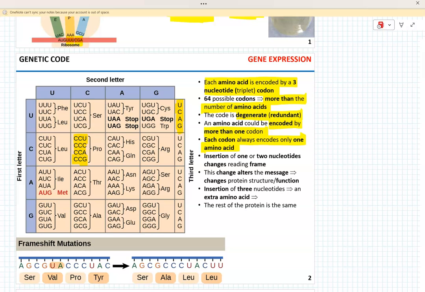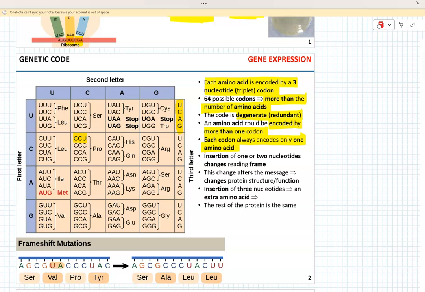That illustrates the degeneracy of the genetic code. But at the same time, you can see that the codon CCU will always encode the amino acid proline and not anything else.